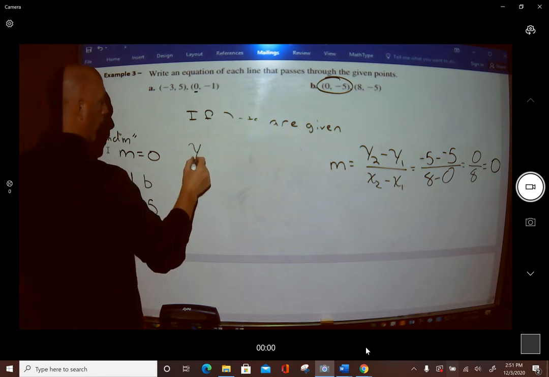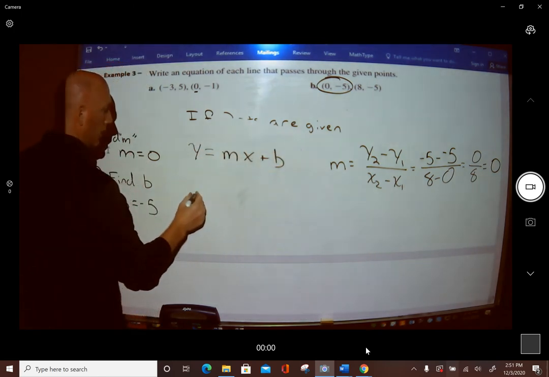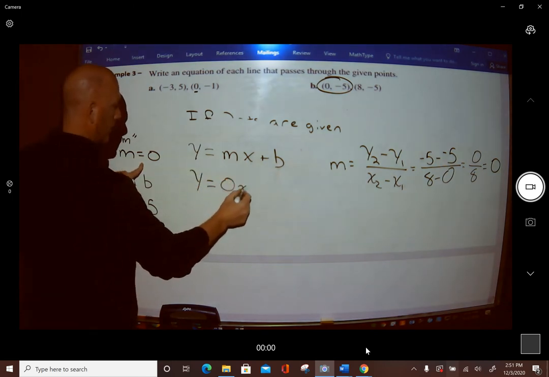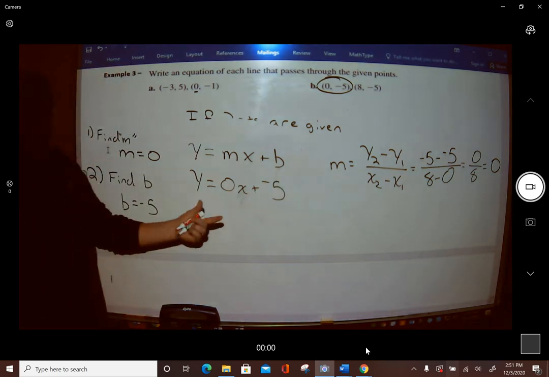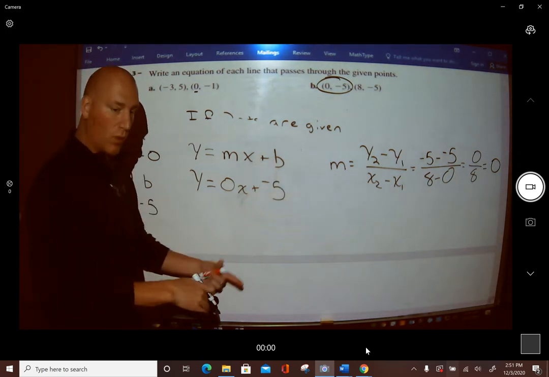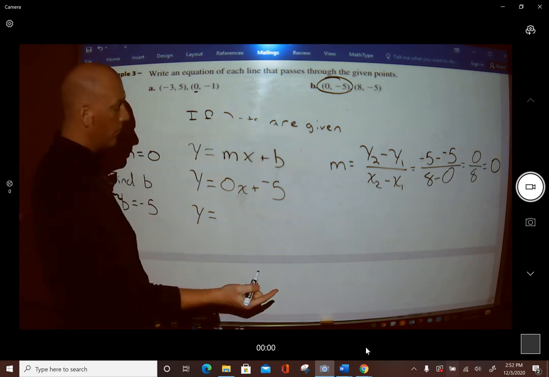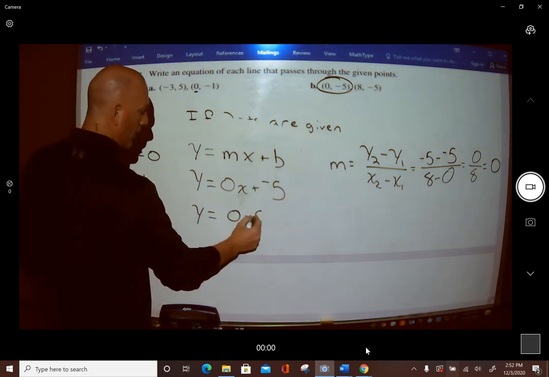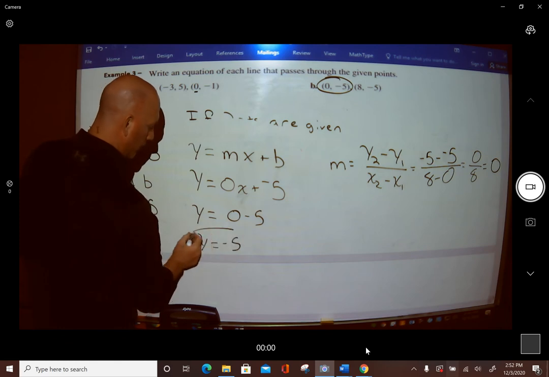So y equals mx plus b. y equals 0x plus -5. So notice how I just substitute everything in. Now I'm going to go back and work on it. So y equals 0 times x is 0. 0 plus a -5 is -5. y equals -5.